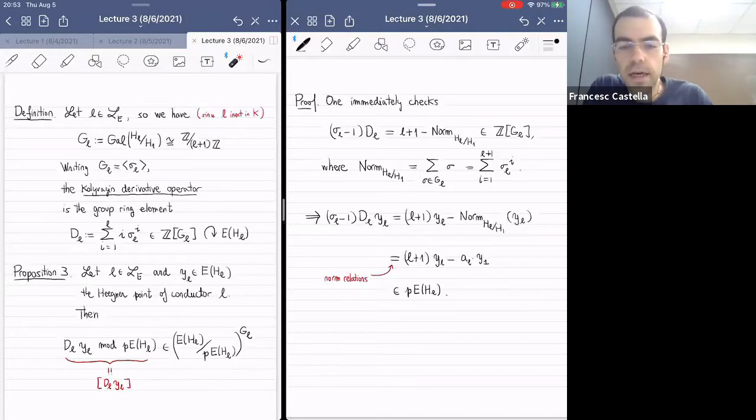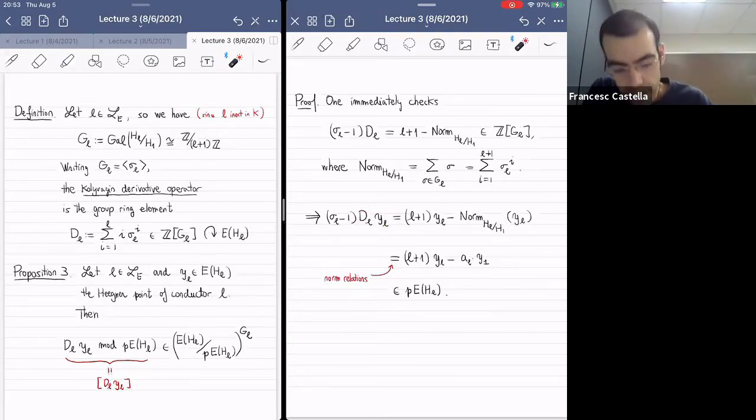What this inclusion is telling us is that the class of this, modulo p, is being fixed by sigma_L, because sigma_L minus 1 kills it. But since sigma_L is a generator, that implies it's fixed by all the elements in G_L. So that concludes the proof.